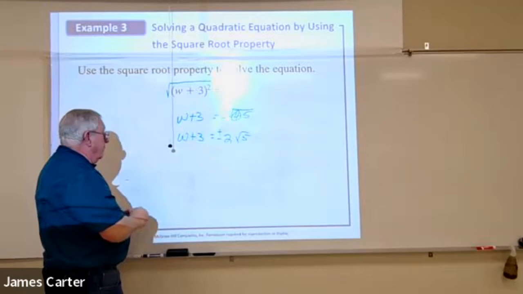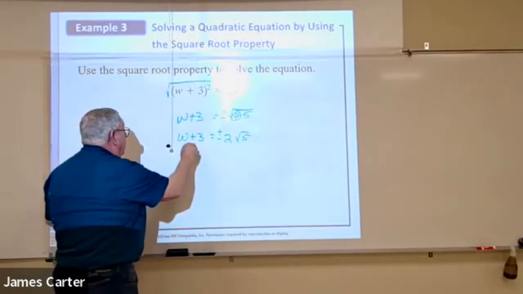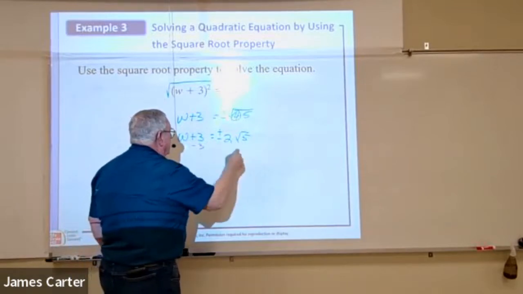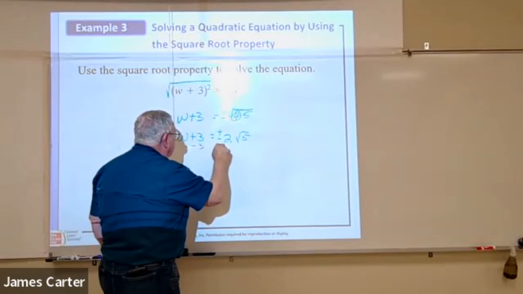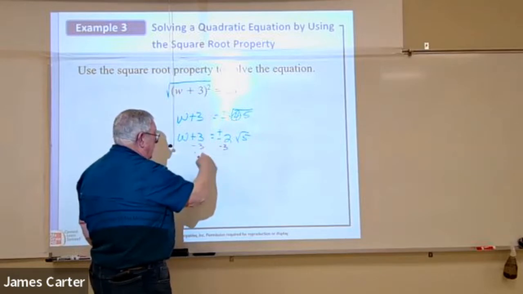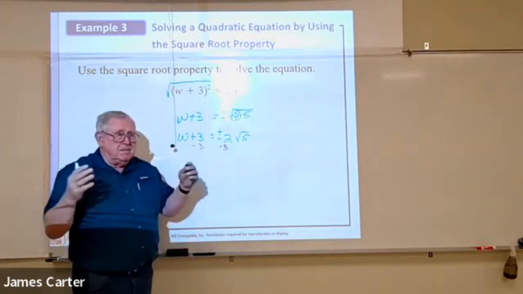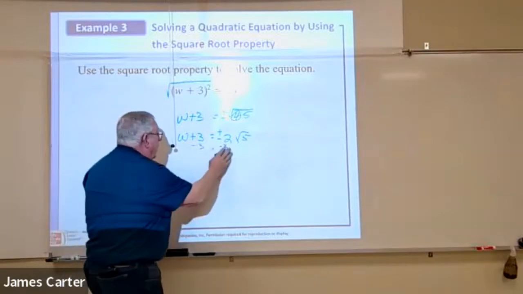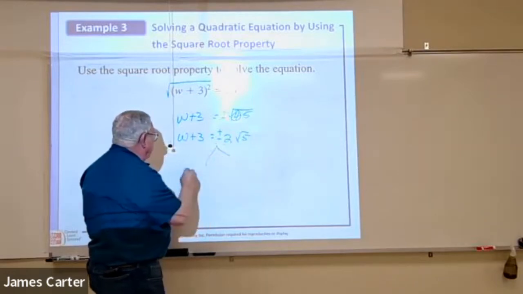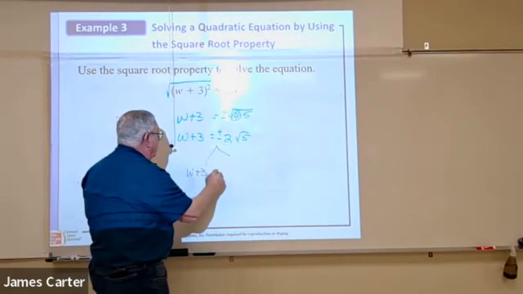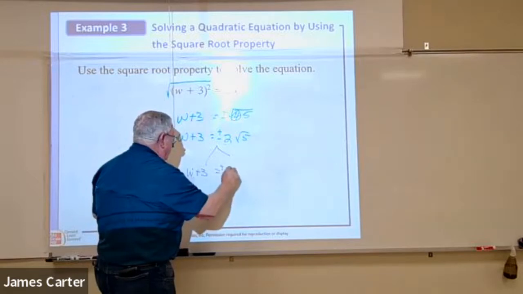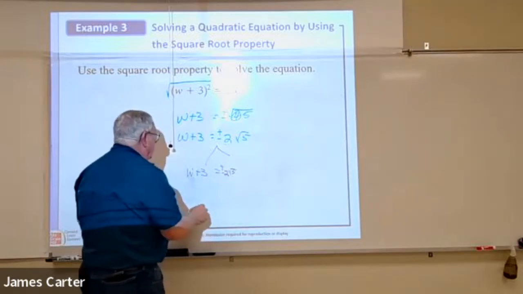So I've got that. Now, minus 3. And I can't subtract 3 from that, so I get a minus 3 over here. And this is starting to get complicated. Where do I put that plus or minus? So actually, before I do this, I'm better off doing this.